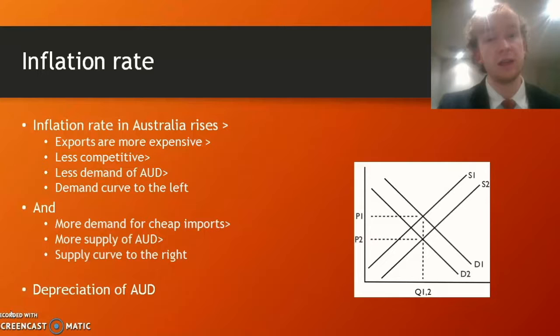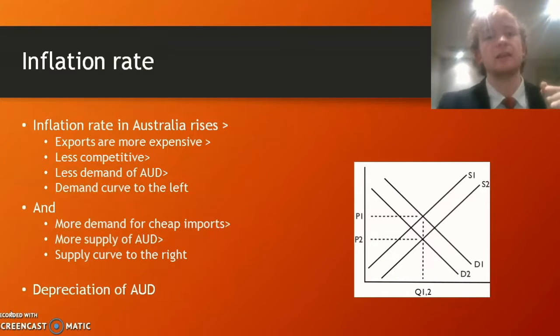If there is an increase in the inflation rate in Australia, for example, this would mean that exports from Australia priced in AUD will be more expensive relative to a country with lower levels of inflation that have prices in their own currency. Therefore, goods priced in AUD would be less competitive. This would mean that there'd be less overall demand of AUD, shifting the demand curve to the left.